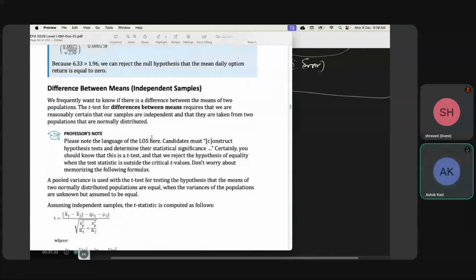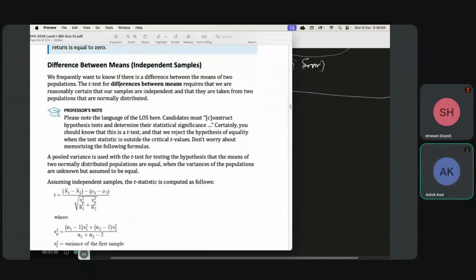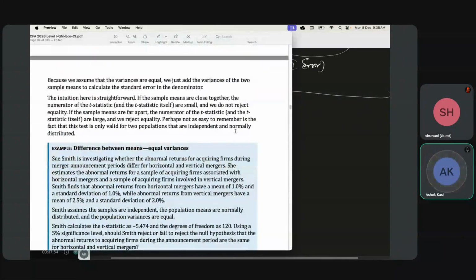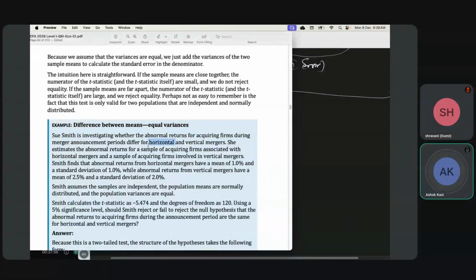So when we want to check the difference in means, that is the difference between the means of two populations, we want to check whether the population means are the same.